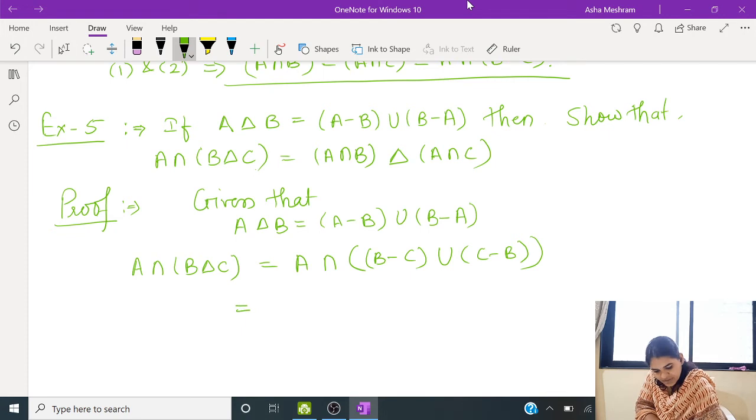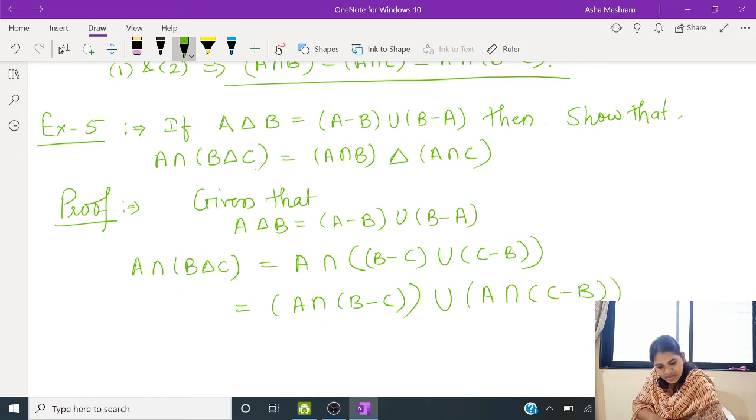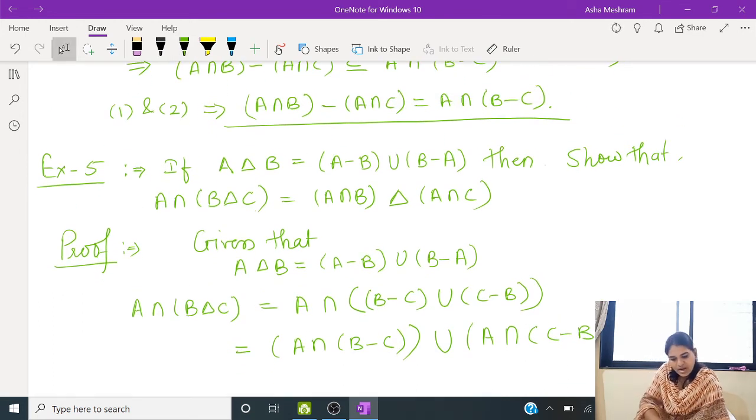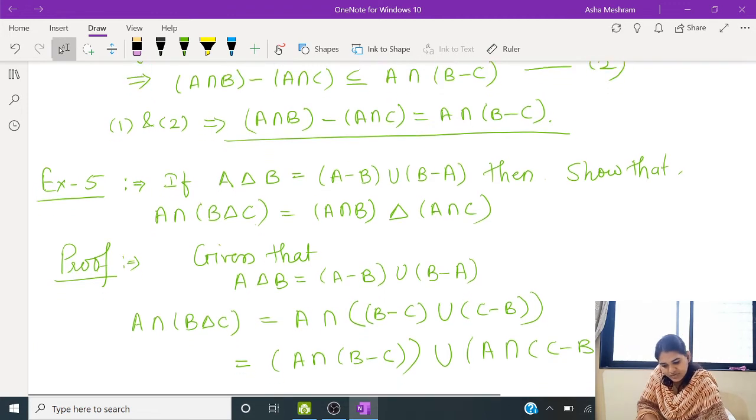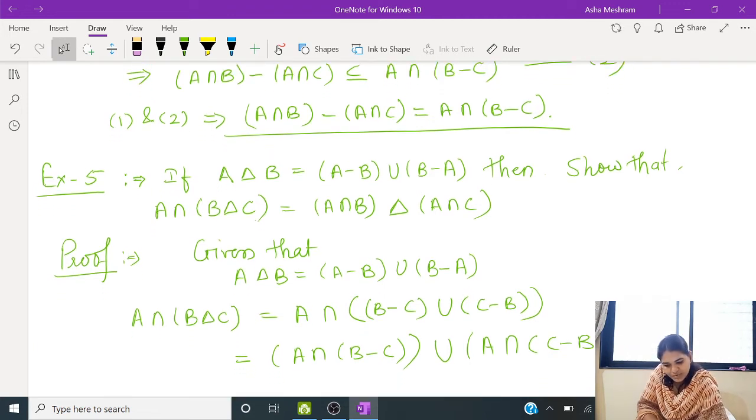And using the distributive property, we can write this as A intersection B minus C union A intersection C minus B. And you can see that in example number 4, just now, what did we prove here?